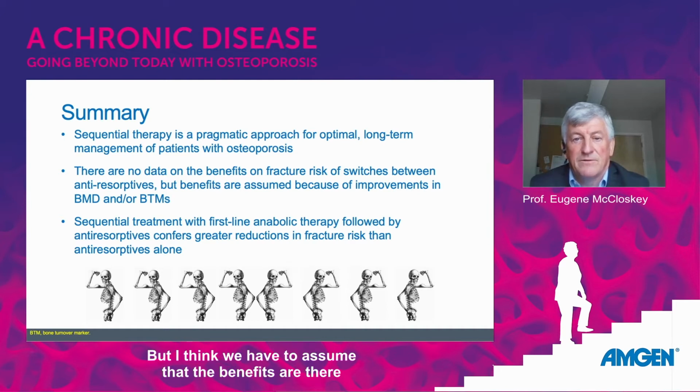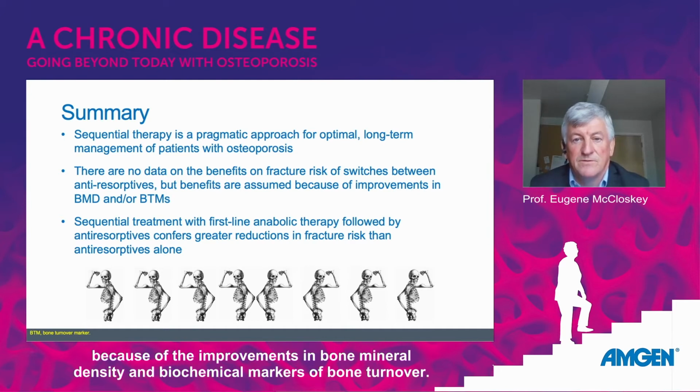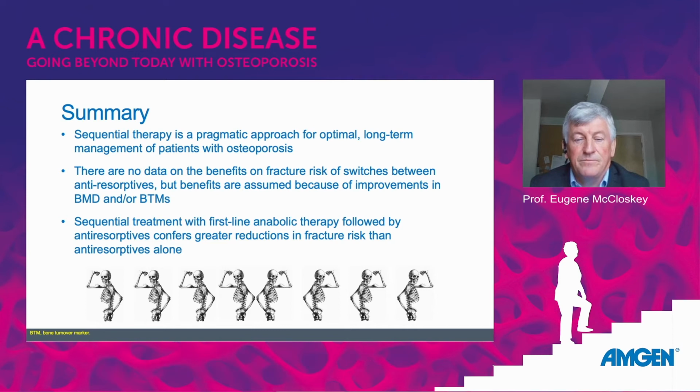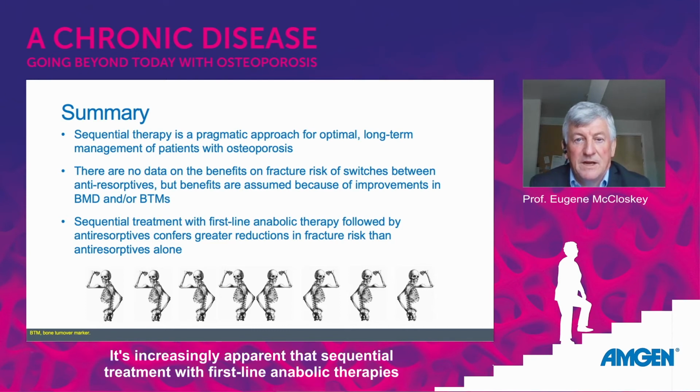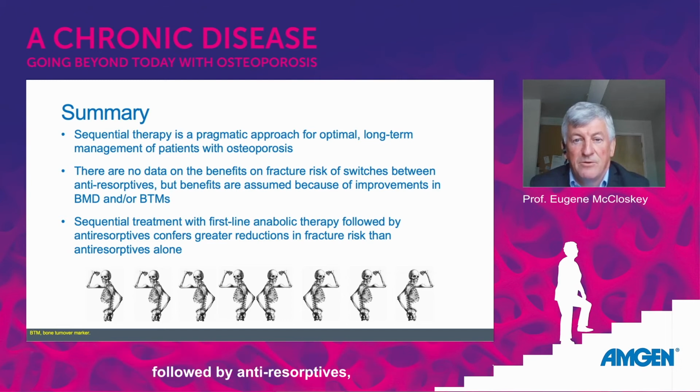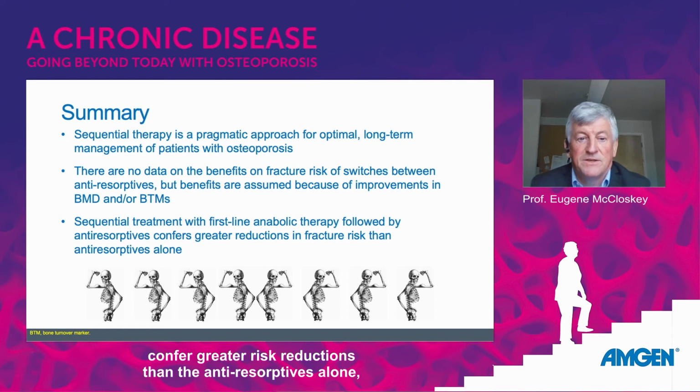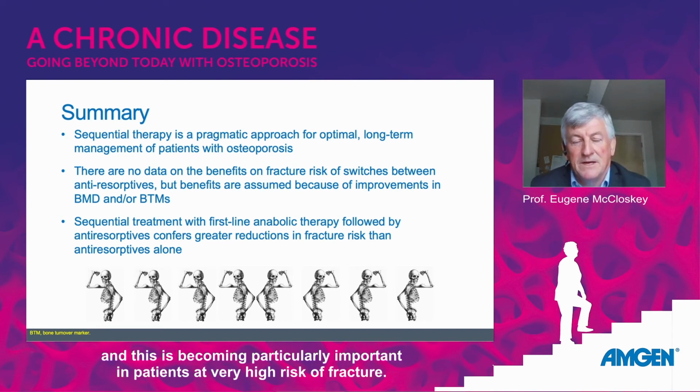But I think we have to assume that the benefits are there because of improvements in bone mineral density and biochemical markers of bone turnover. It's increasingly apparent that sequential treatment with first-line anabolic therapies followed by antiresorptives confers greater risk reductions than the antiresorptives alone, and this is becoming particularly important in patients at very high risk of fracture.